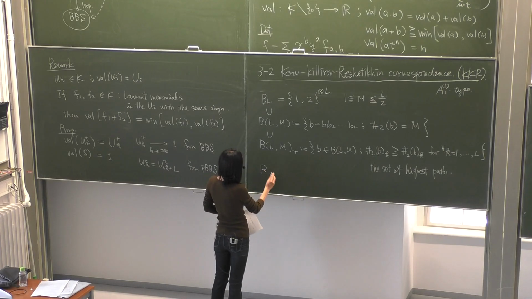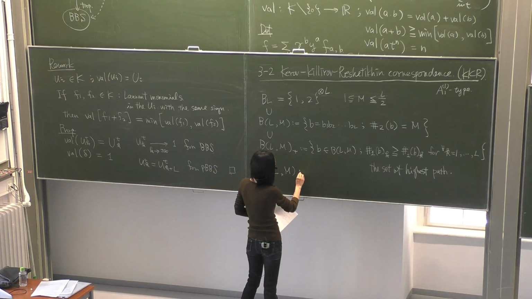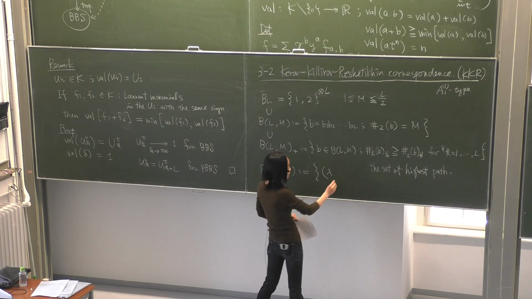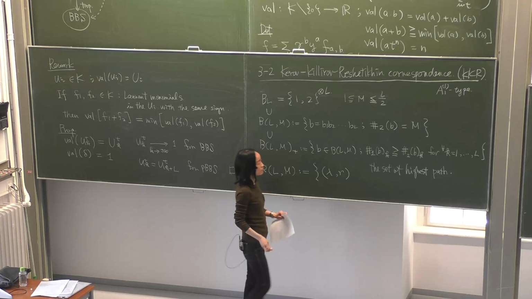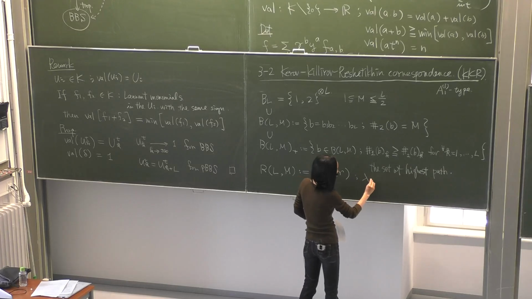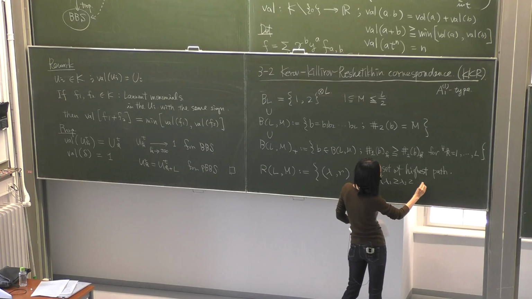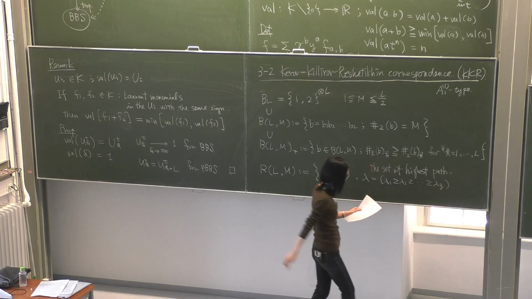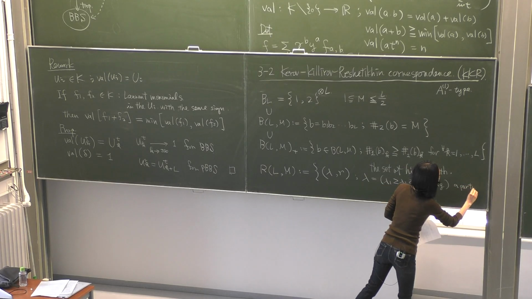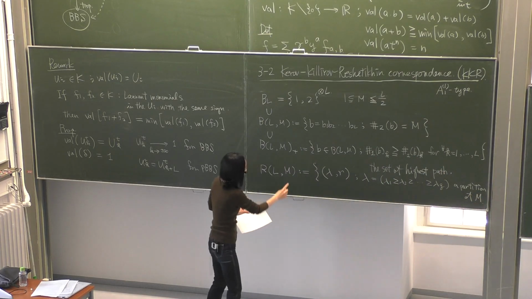And further, I define the set R_{L,M}. This is a little bit complicated set. This is a pair of a partition lambda and some tuple of integers R. Here, lambda is a partition, say of length G, and this is a partition of M. So we have M here.